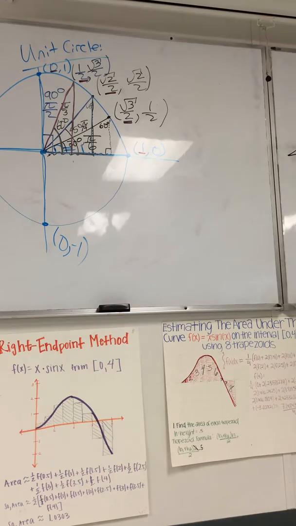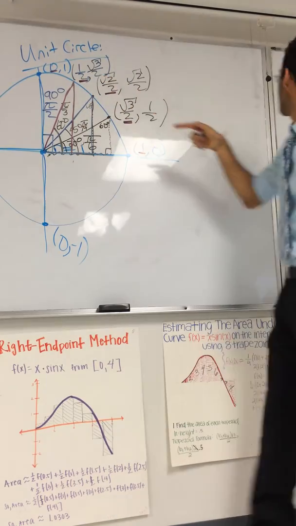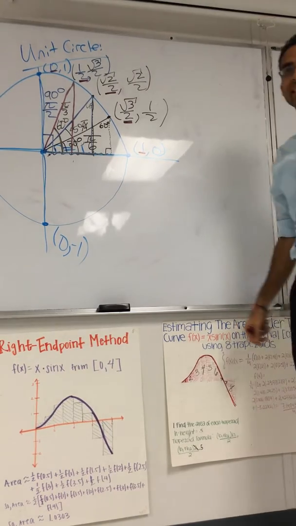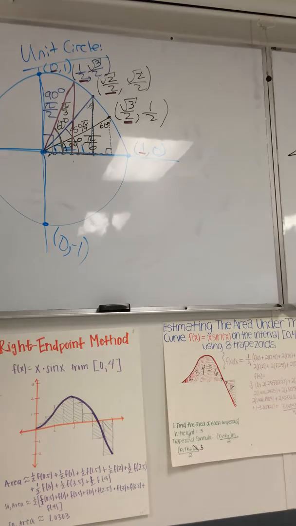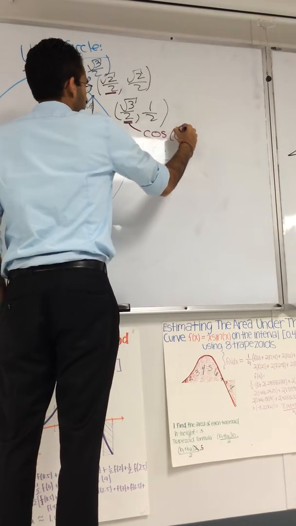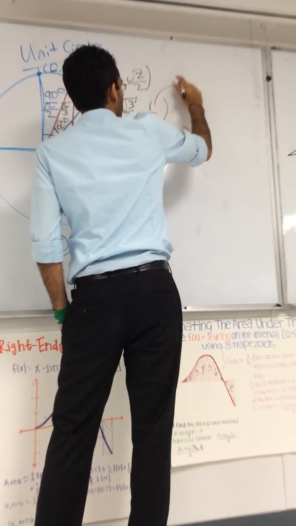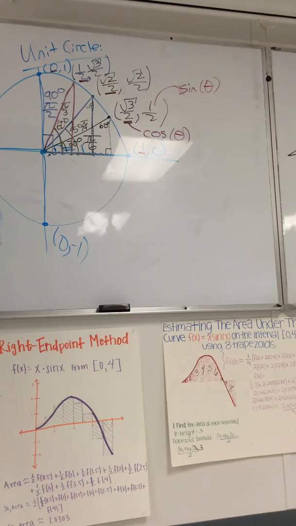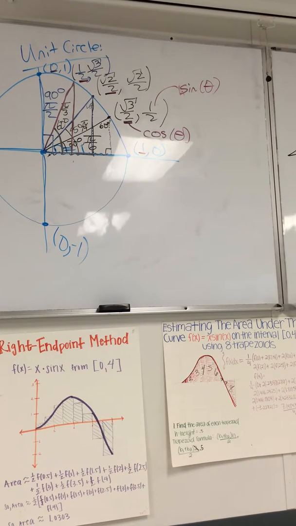The cosine of 60 degrees is 1/2. And the y coordinates are the sine values. That's the genius of it. The x coordinate is cosine of theta, and the y coordinate is sine of theta. Don't worry about tangent yet. Next week.